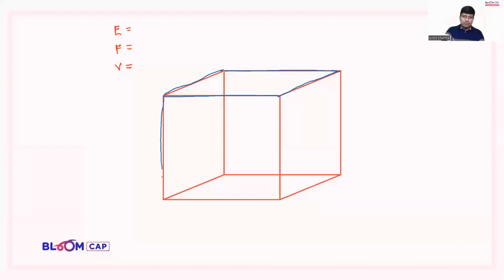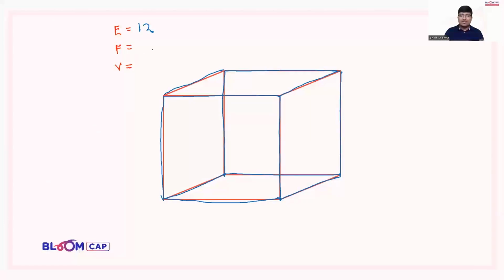Now 5, 6, 7, and then 8. Total 8 edges. Now 9, 10, 11, and then 12. So total how many edges are there? 12.